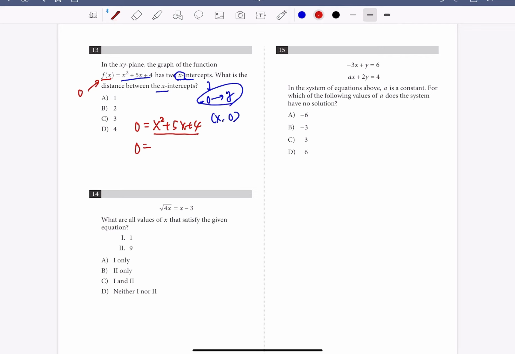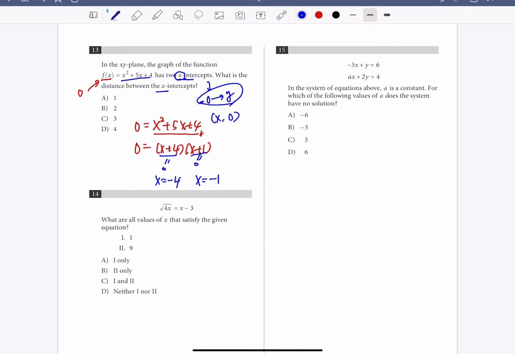I think this expression is possible to factor. So (x plus 4)(x plus 1). Then you use the zero property. When the first factor equals 0, x equals negative 4. And when the second factor equals 0, x equals negative 1.